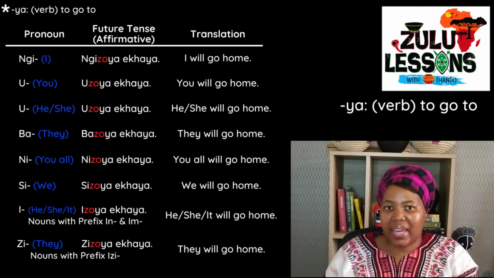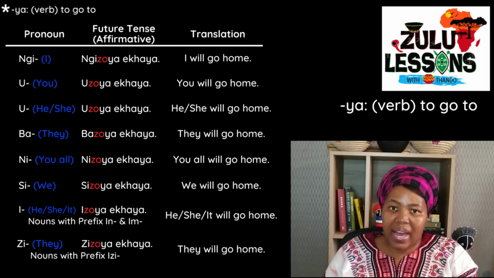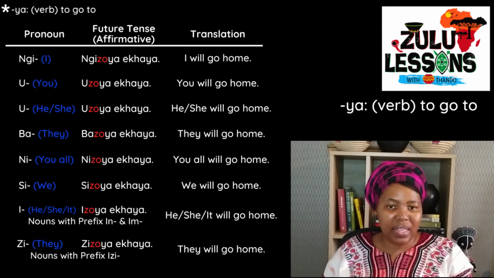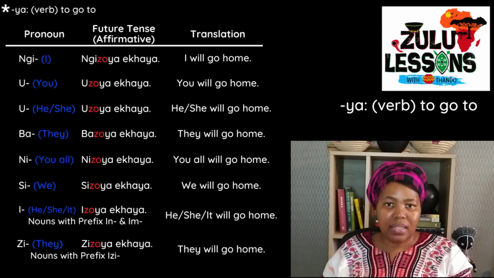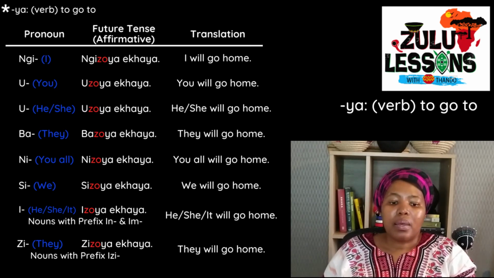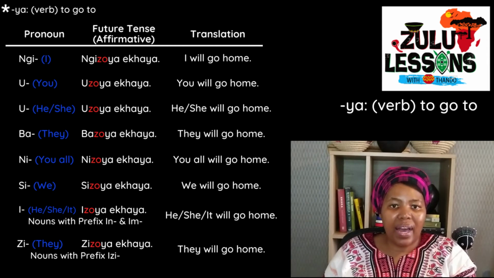Izoya ekhaya. So let's take that example of the king and let's say inkosi izoya ekhaya, the king will go home. Zizoya ekhaya, they will go home.